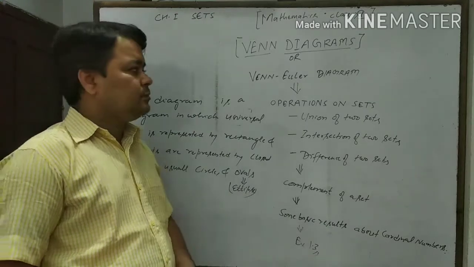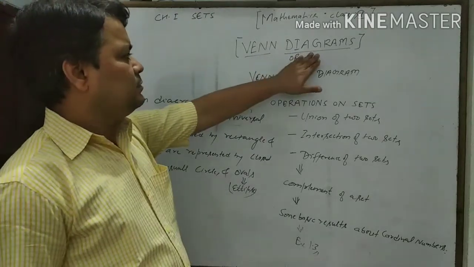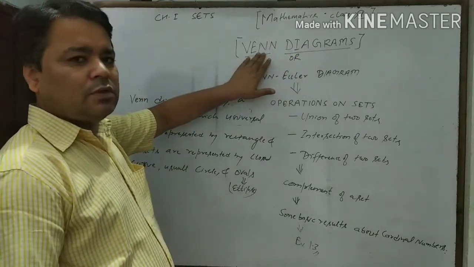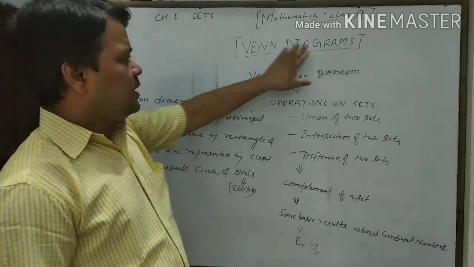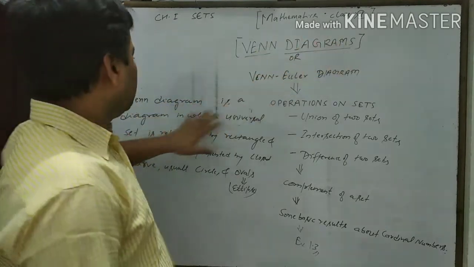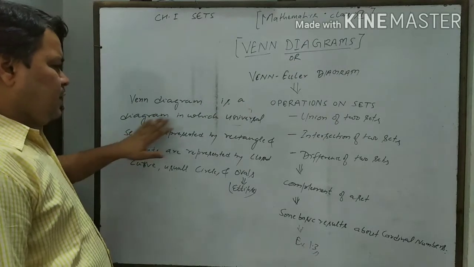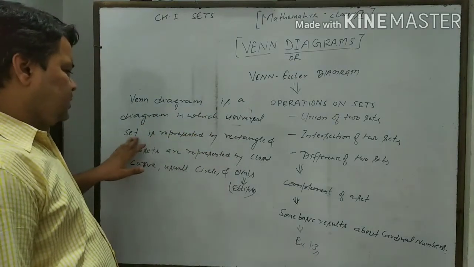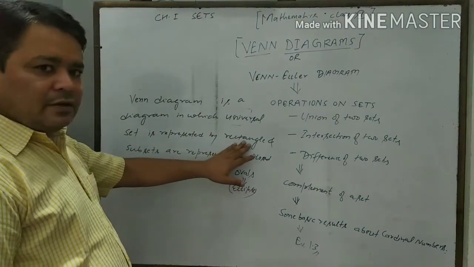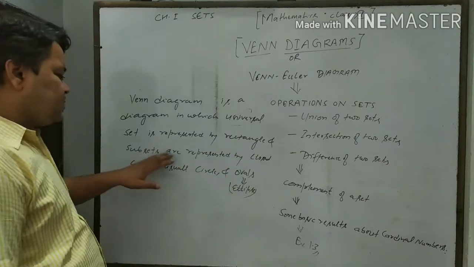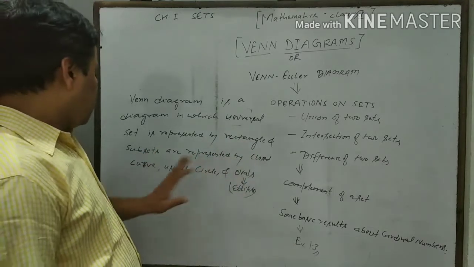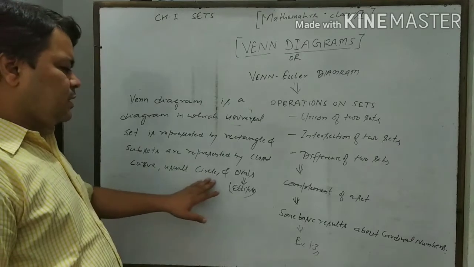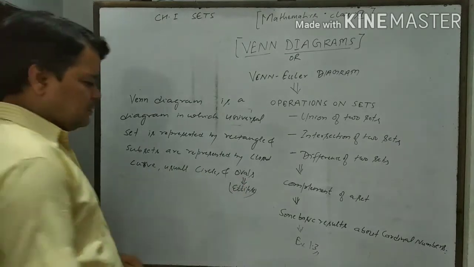To summarize, Venn means the name of the founder of this concept, and diagram means simple diagram. Venn diagram is a diagram in which universal set is represented by a rectangle, and subsets are represented by a closed curve, usually circular or oval, that is, ellipse.